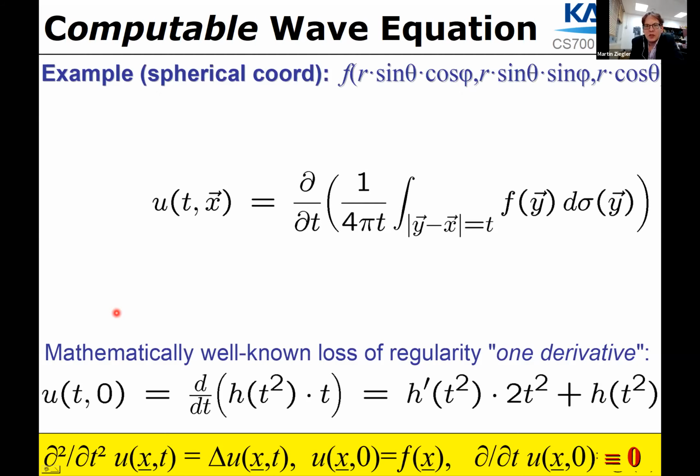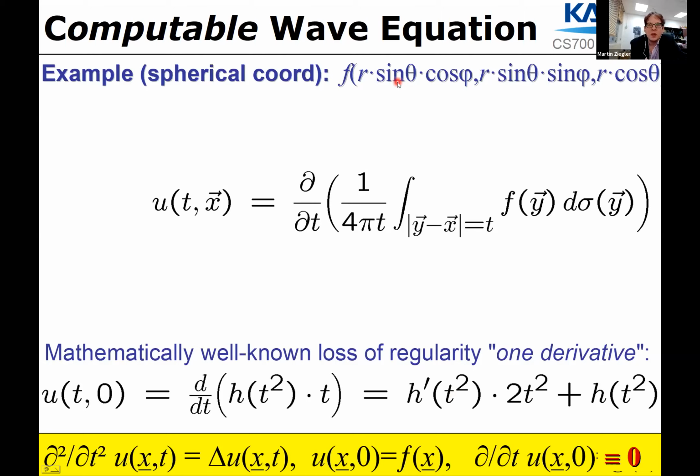Before that, I should also give another counterexample. Here we have a loss of regularity in time, but there are also well-known counterexamples that demonstrate the loss of regularity in space. And if we consider an initial condition for simplicity in spherical coordinates, remember, we focus here on the case where the initial condition and the solution depend only on the radius.